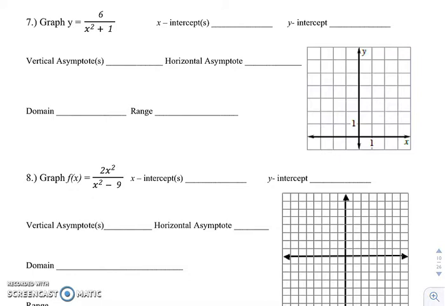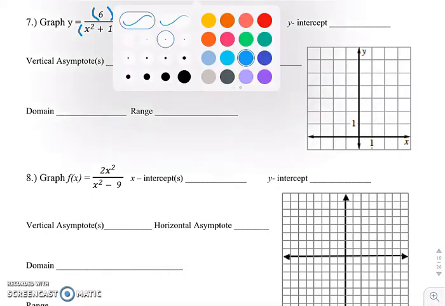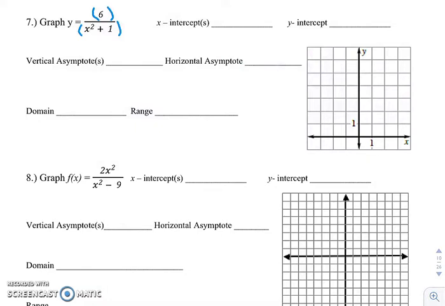So if we've got y equals 6 over x squared plus 1, when we graph these in the calculator, we need to make sure the numerator and the denominator are two separate entities when we're typing it in. So we're going to do the numerator 6 in parentheses divided by the denominator x squared plus 1.